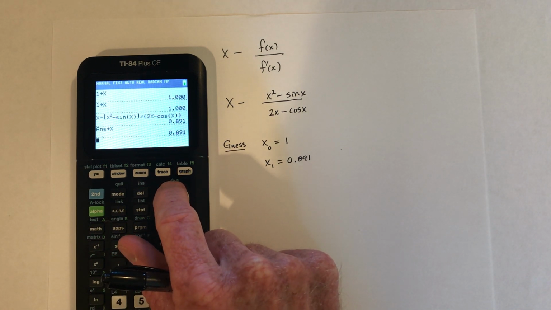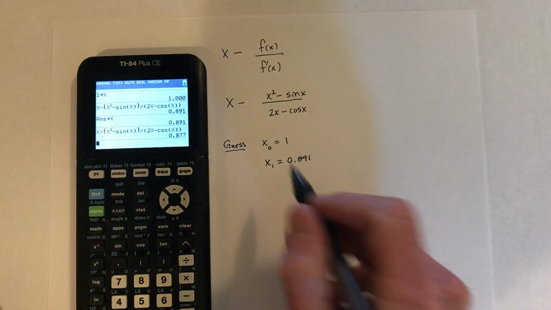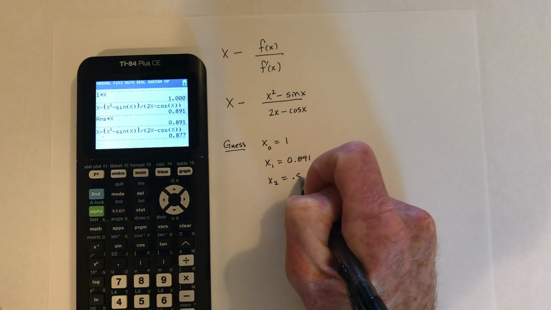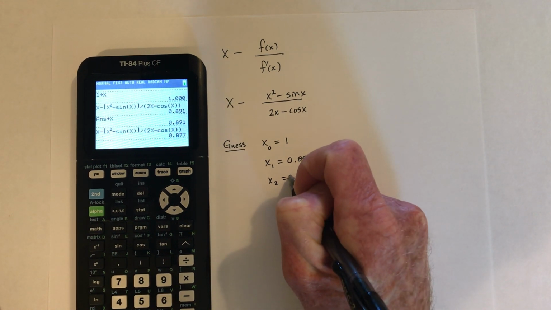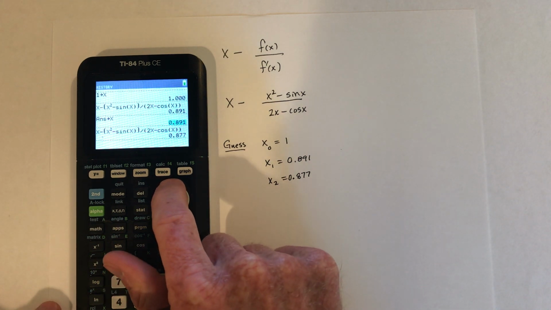So if your calculator allows you, you can go up until it's highlighted, hit enter, and when you hit enter again, it's going to plug in the 0.891. So x number 2 is 0.877.